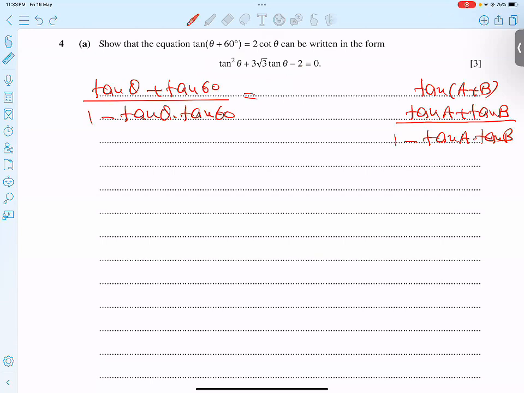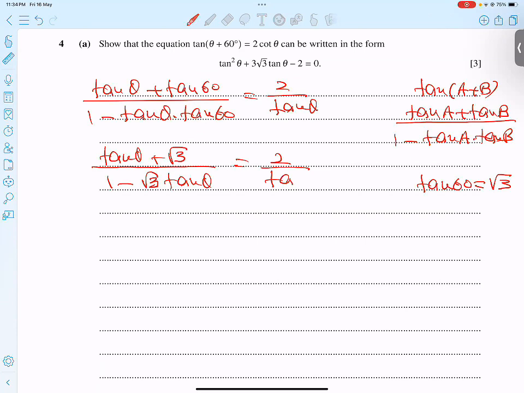That is why I am writing 2 over tan. Now, students, tan 60 is a special value, which is root 3 if you check on the calculator. So I write tan theta plus root 3 over 1 minus tan theta times root 3, equal to 2 over tan theta.